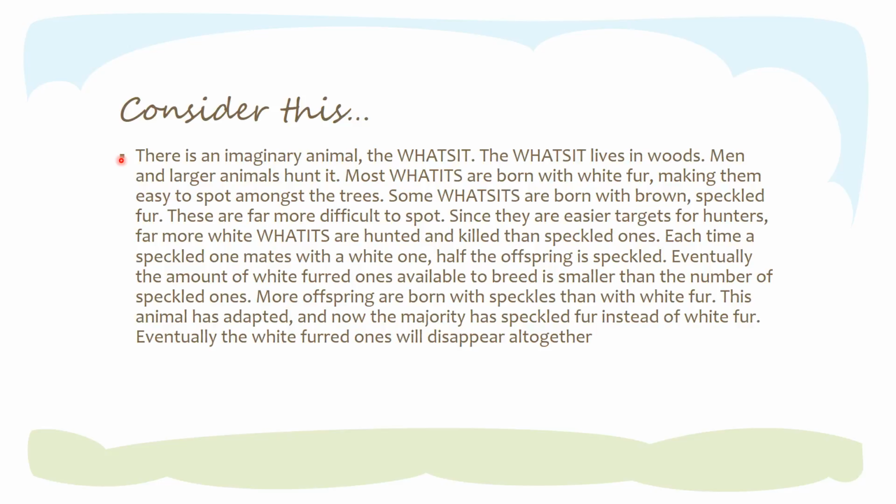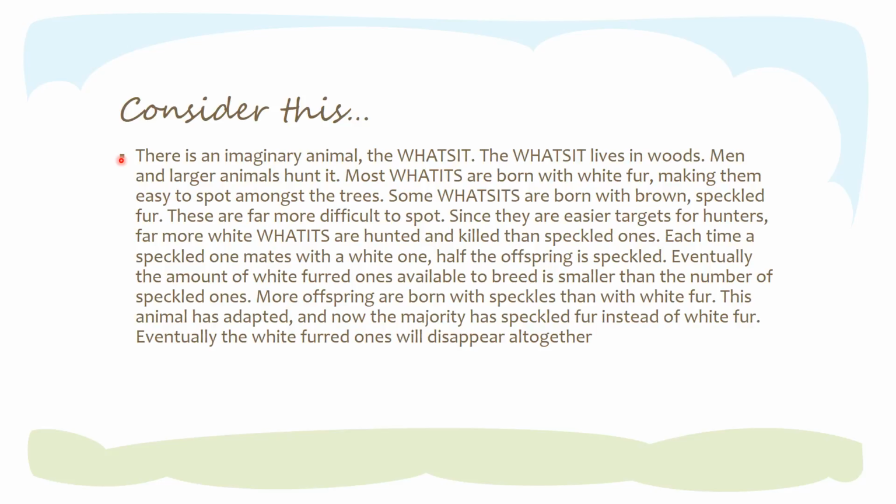Each time a speckled one mates with a white one, half the offspring is speckled. Eventually, the amount of white-furred ones available to breed is smaller than the number of speckled ones. More offspring are born with speckles than white fur. This animal has adapted, and now the majority has speckled fur instead of white fur. Eventually, the white-furred ones will disappear altogether.